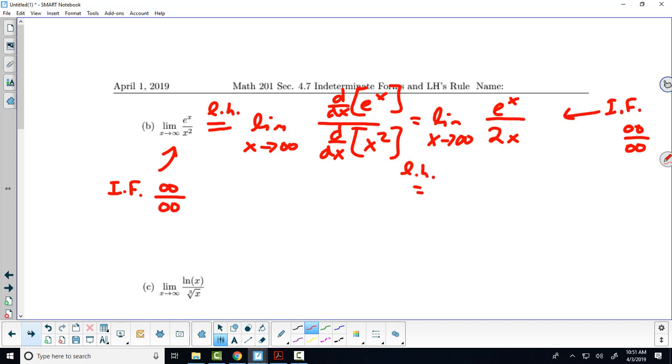Let's again apply the L'Hopital's Rule. This gives us e to the x over 2. Is this an indeterminate form? No. What's happening? The denominator's fixed at 2. What's the numerator doing? Getting arbitrarily large. What is this limit? The limit is infinity.